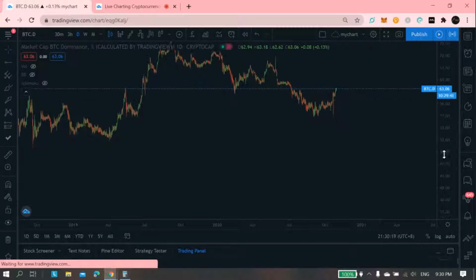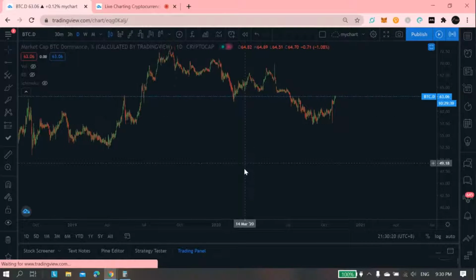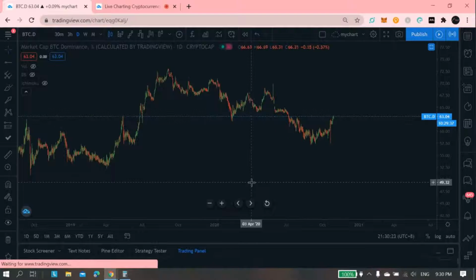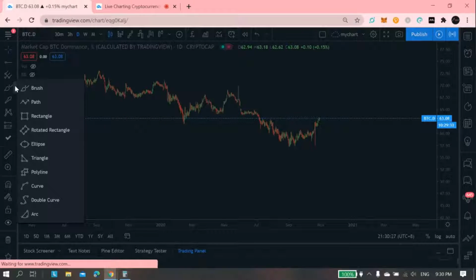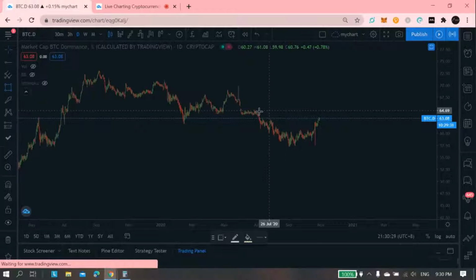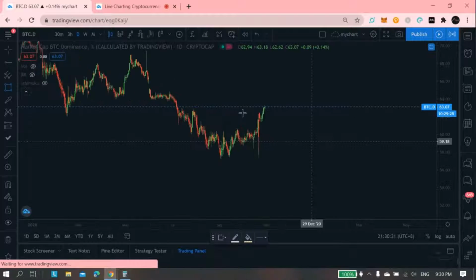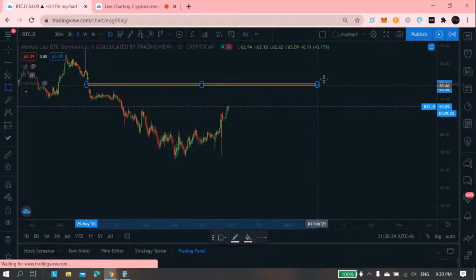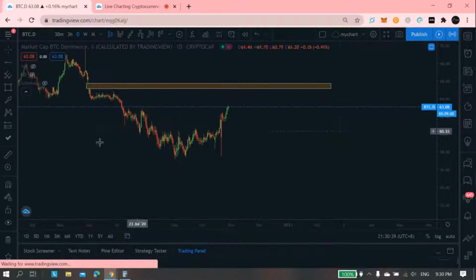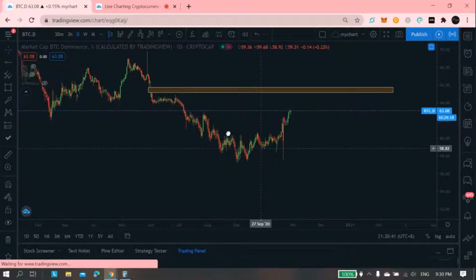Oh, I forgot. If you're also trading futures, you can actually sometimes trade the CMC gap. So this is it. So this is this area. So this is the first gap.